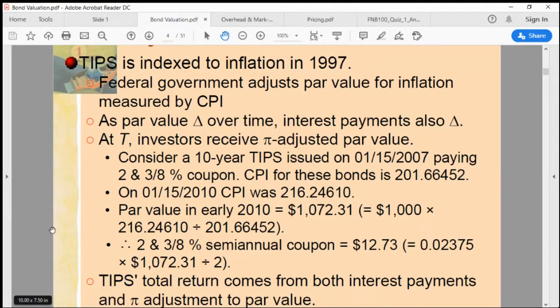But for more recent macroeconomic data or macroeconomic phenomena, they use 97 as the base year.